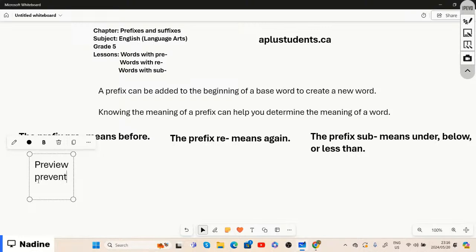Usually they will tell you to prevent doing something before you get hurt. It's like prevent from going on the trampoline because it's going to break, or prevent from touching something hot before you burn. Somebody is preventing you from doing something before you get hurt, right? That is preventing.